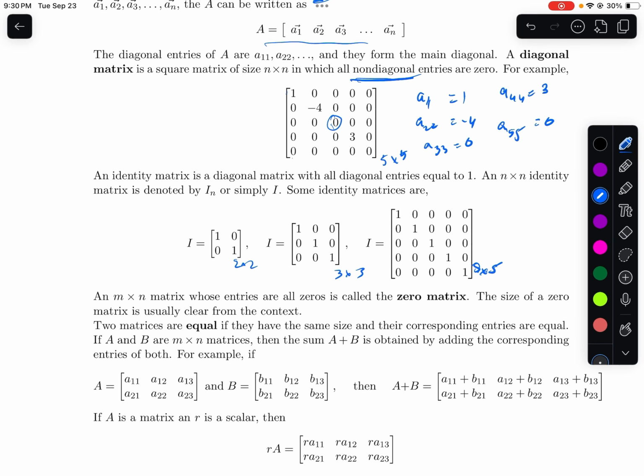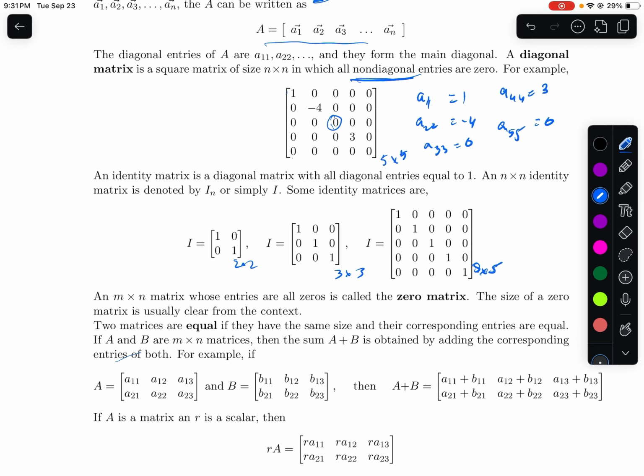So this is of size 2 by 2, this is 3 by 3, and this is 5 by 5, and you should be able to write an identity matrix of any size. Now an m by n matrix whose entries are all 0 is called a zero matrix. The size of a zero matrix is usually clear from the context.